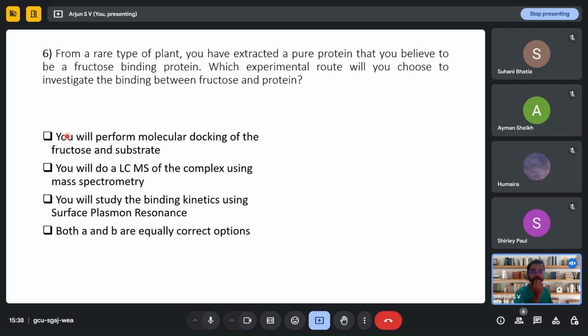I'll also give a hint into how this experiment can be performed. Basically you will have a protein on a surface, and your protein will give you a certain signal, and after fructose binds to the protein, there's going to be a change in the signal. Through that you are going to study the binding kinetics.